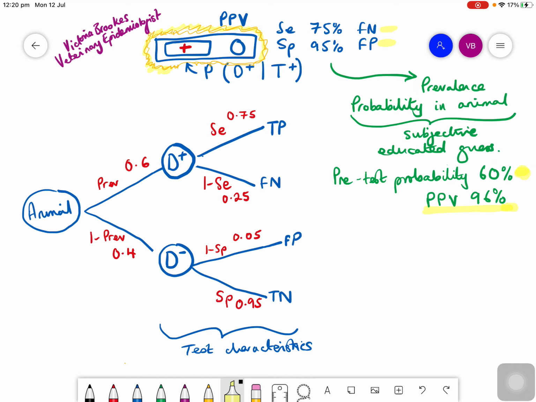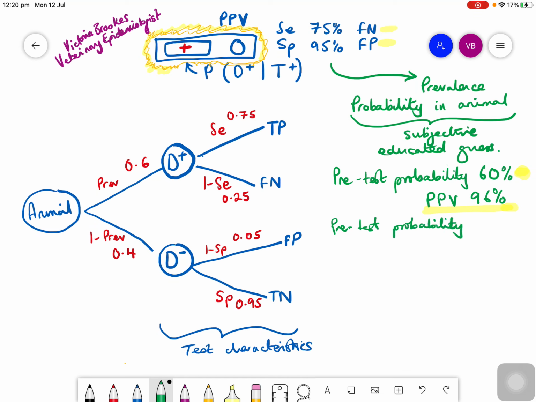Now, test characteristics don't usually change as long as the test is used in a similar population in similar circumstances. However, the prevalence of disease, or the pre-test probability that an animal has disease, can change. So, for example, let's imagine that our pre-test probability of disease is now much lower.